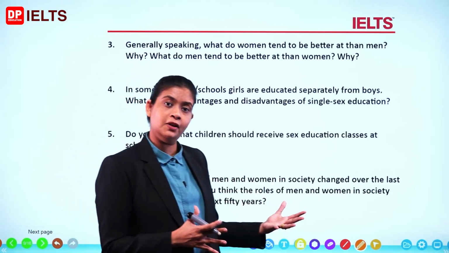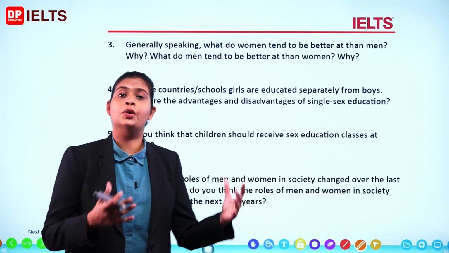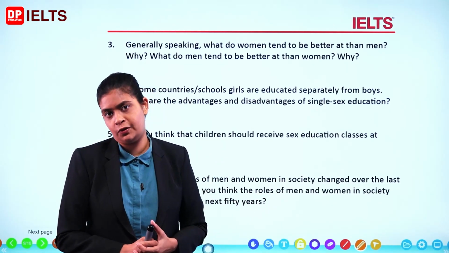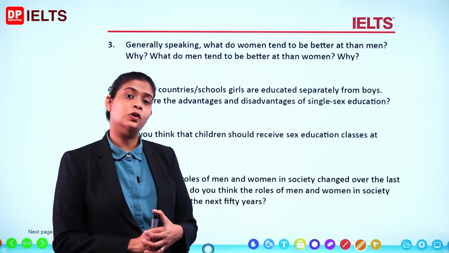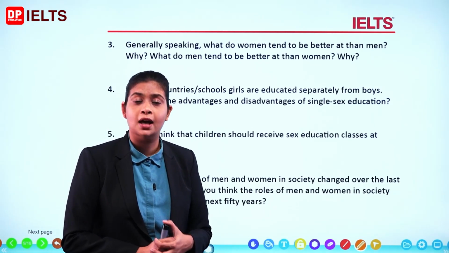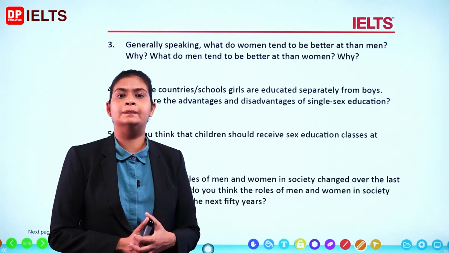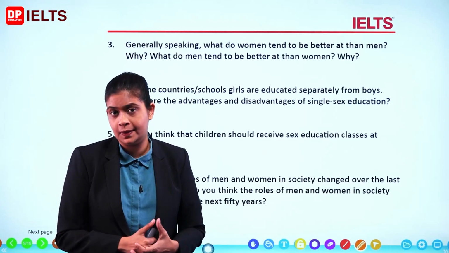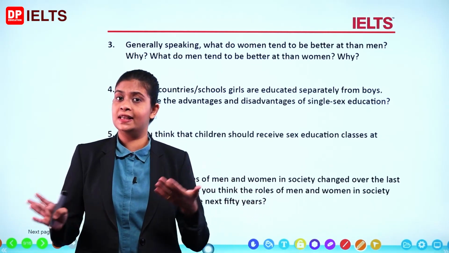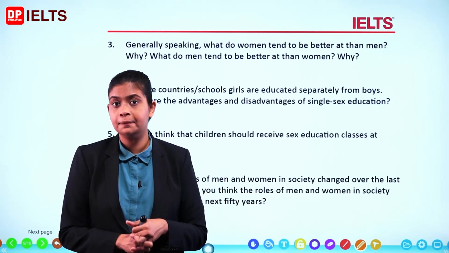Whereas the mother's main responsibility was to look after the kids, give them to eat, drink, feed them and look after them carefully. There was also a time where women were not educated and they were not allowed to actually educate themselves. But I think within the last 50 years that has changed dramatically.